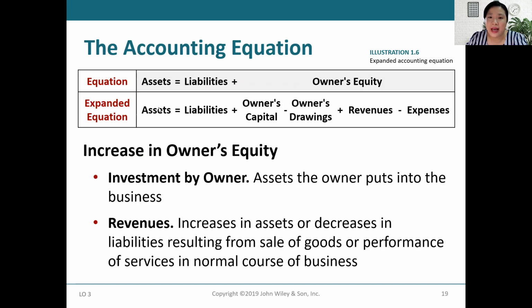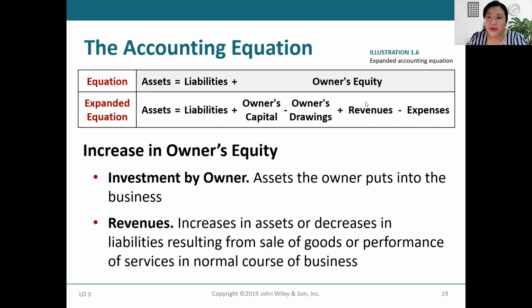Owner's capital increases owner equity, right? So we say plus owner capital minus owner drawing, because owner drawing will reduce owner equity, plus revenue minus expenses. Now revenue minus expenses, we call it net income or net loss.